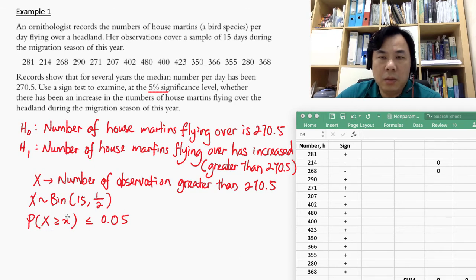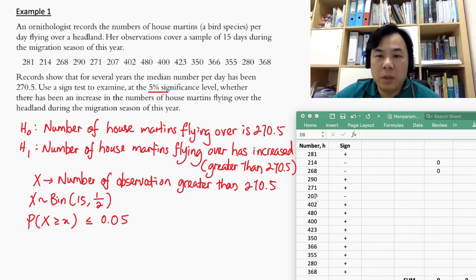Like the first one is x less than or equal to, but this one is more than x. What we are trying to say is, do we have a significant result to suggest that there are more observations greater than 270 there? Okay, so if we have, then we will be able to reject the null hypothesis. All right, so pay more attention to this part than what is coming on.